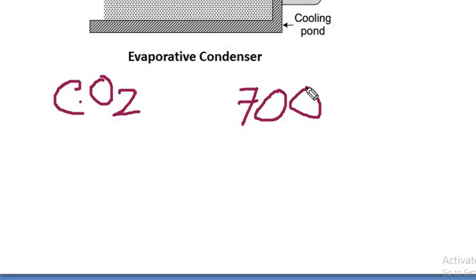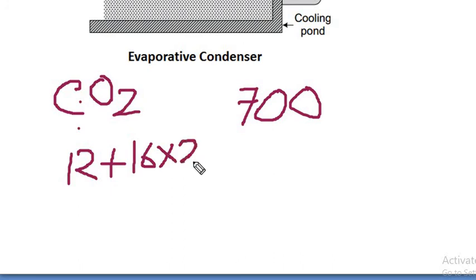Next, we have to check the atomic weight of CO2. First of all, we have to know that the atomic weight of carbon is 12 plus the atomic weight of oxygen, this is 16 into 2. What will be the answer?